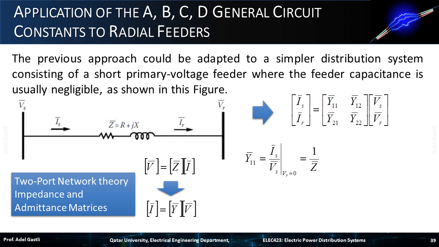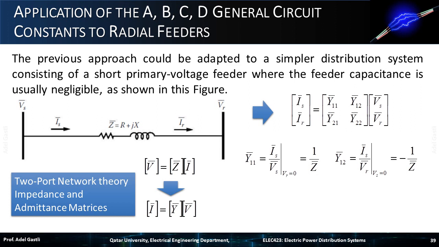Where, admittance matrix element Y11 equals Is over Vs, when VR equals 0, that is equivalent to Y11 equals 1 over impedance Z. Y12 equals Is over VR, when Vs equals 0, that is Y12 equals minus 1 over Z. Here, the minus sign is because of the actual direction of the current.